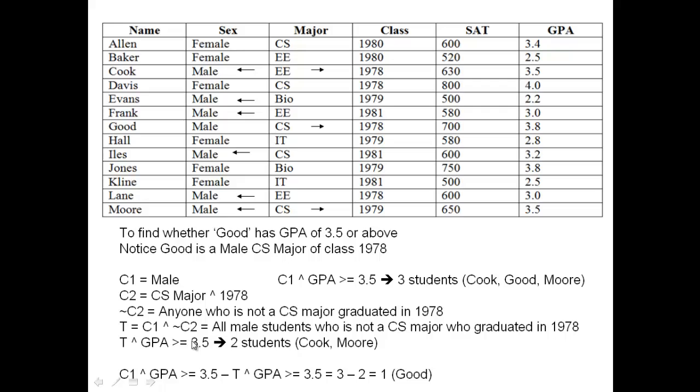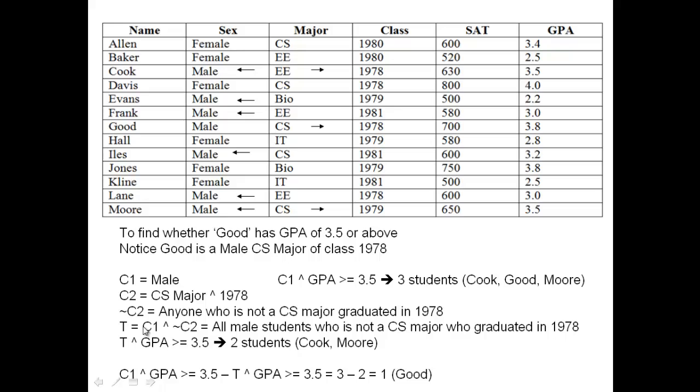Now impose on the tracker this GPA of 3.5 or above. So among these 6 male students who have GPA of 3.5 or above, this guy has, Cook, and then this person does not have, this person no, this person no, and More. So only 2 students among these 6 students have a GPA of 3.5 or above.